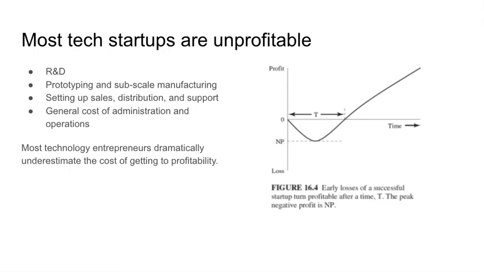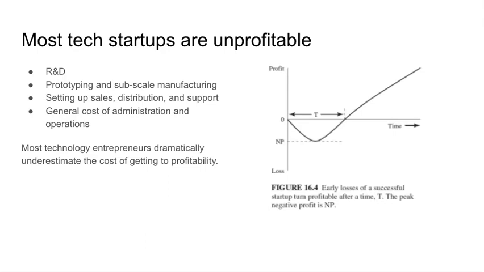And so this is where many organizations fail, because they either don't raise enough money, or they simply can't get efficiently from the point where they're still losing money to the point where they're generating enough sales to make money. Because keep in mind, if you look at this chart, sales do not begin at the zero profit point at time t.